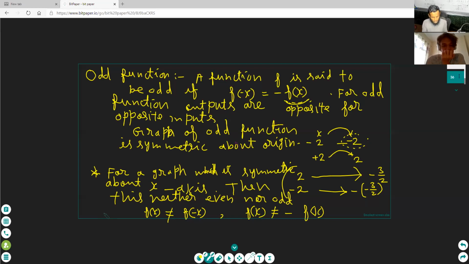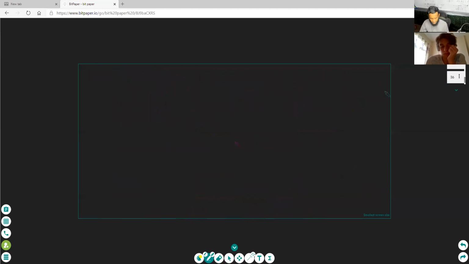Okay, I gave you some examples, then you should tell me whether this is an odd function or an even function. This is a quadratic function, a quadratic equation.